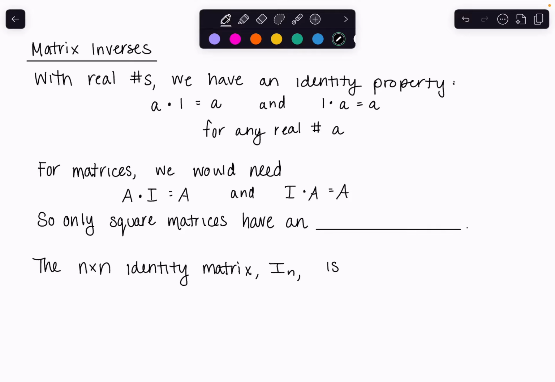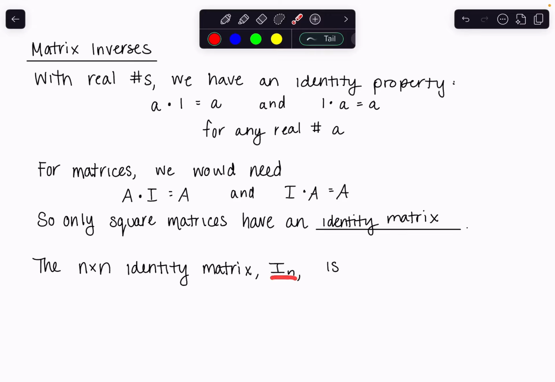So in order to be able to move I to either side, the dimensions are going to have to work out. That is only going to work with square matrices. So square matrices are the only ones that have what's called an identity matrix. When I multiply by I on either side, I get exactly that back.